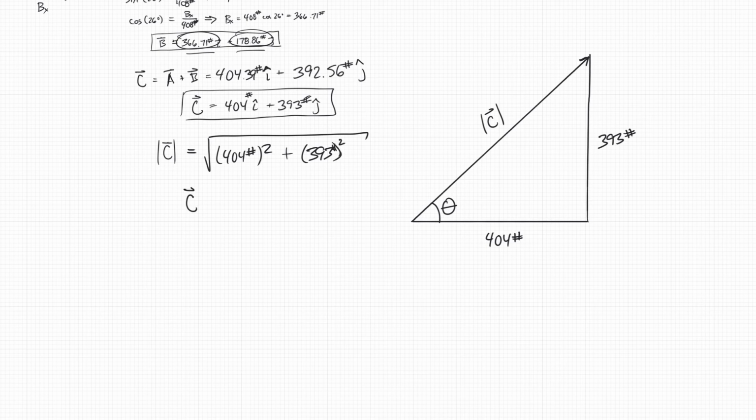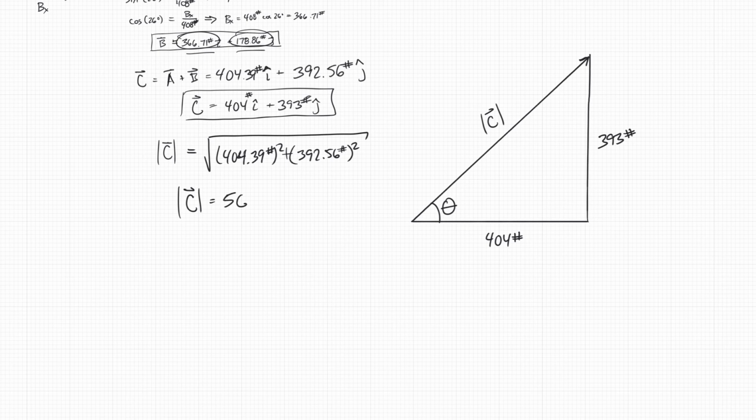And c, the magnitude of c is, and here I'm breaking my own rules. Hold on a second. We want to work with the full number here. So let's work with the full number. 404.39 pounds squared plus 392.56 pounds squared. Okay, so we'll plug that into the calculator.